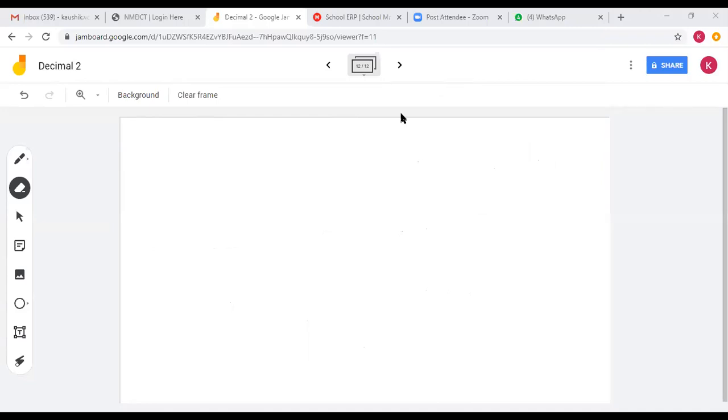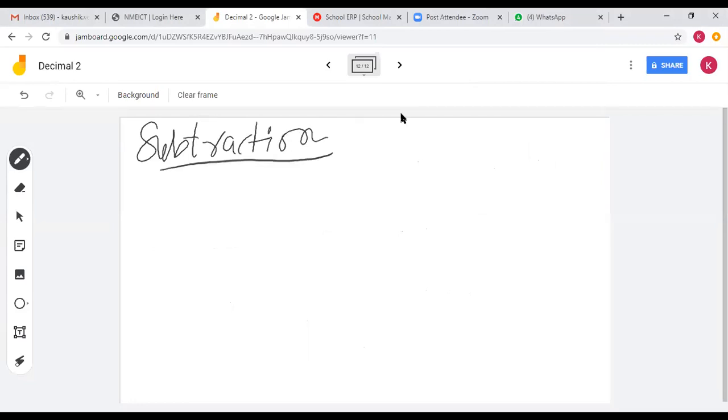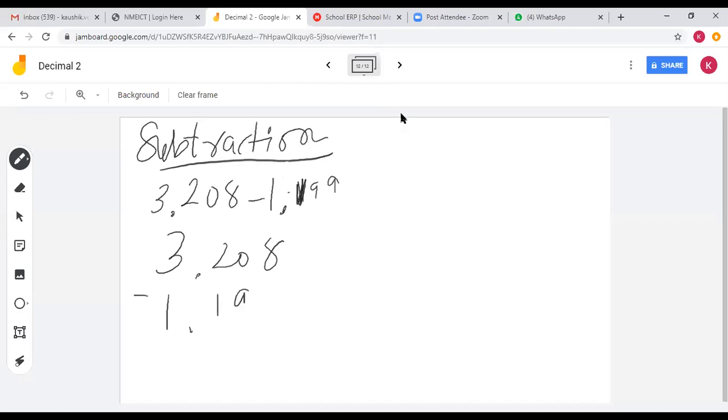Now we are going to check on subtraction. In subtraction also it is the same. So, 3.208 minus 1.199.